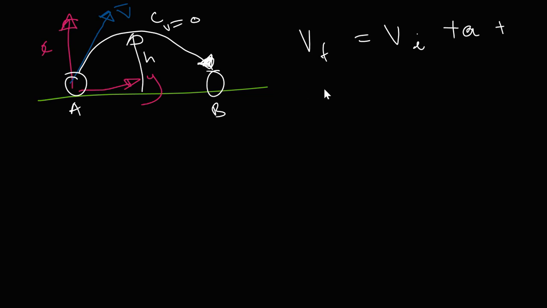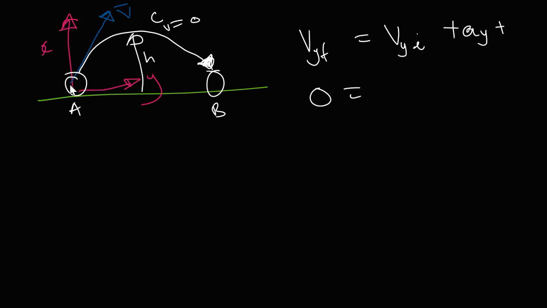So your final velocity is 0, but for your initial velocity, remember we're looking at this problem on the y-axis. So specifically we're looking at velocity y initial, velocity final y, and acceleration y.